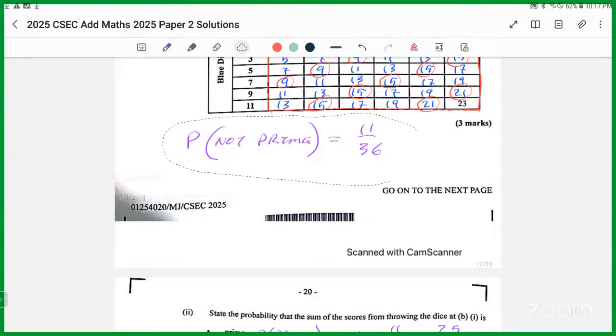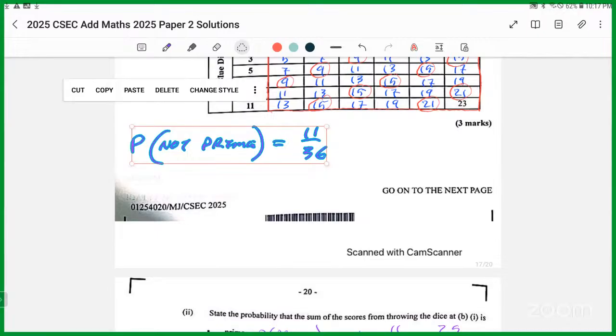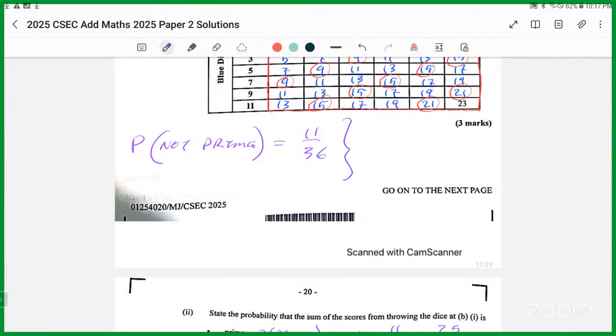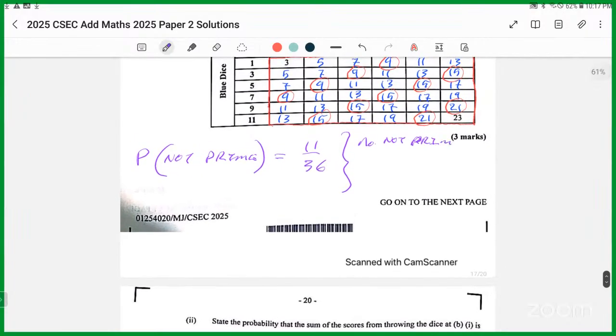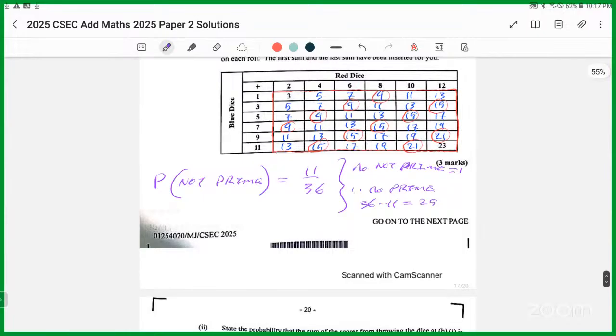So you can see the number not prime is 11. Therefore, the number prime is 36 minus 11, which is 25. I just got to count the prime and not prime, because there's more prime there.